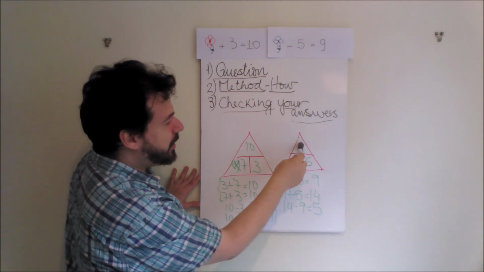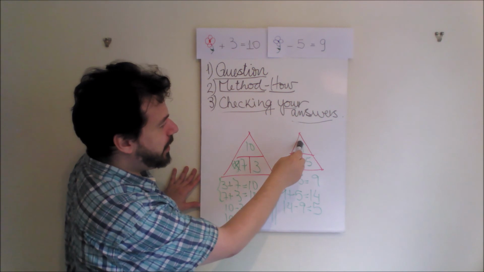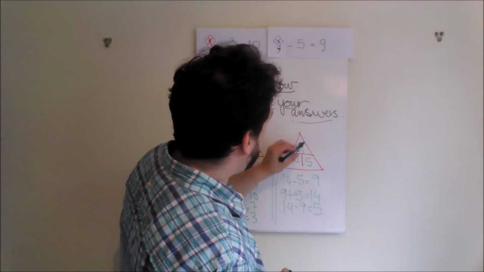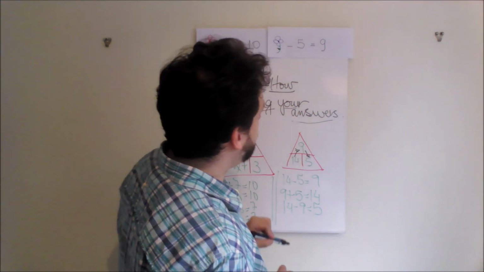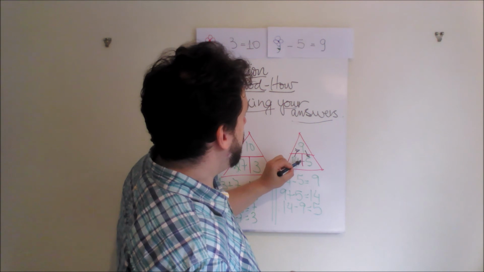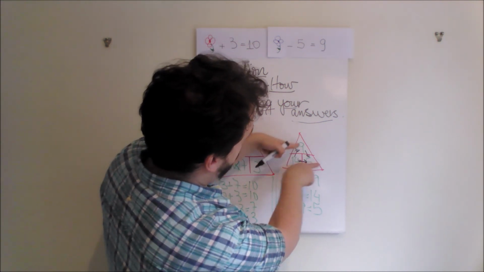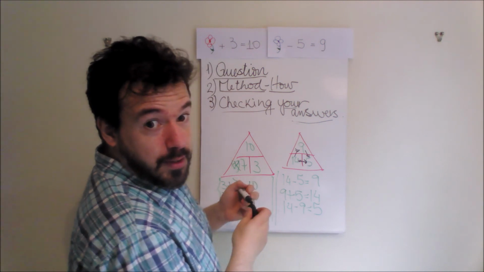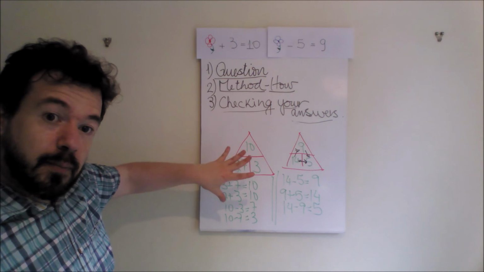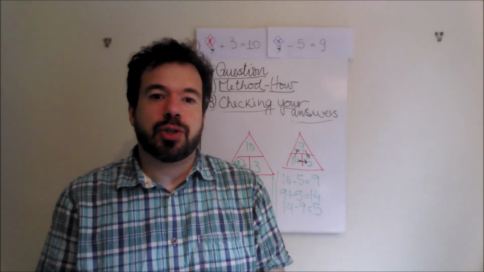But 9 add 14 won't be 5. 14 take away 9. So every time you do this way, is take away. Every time you do this way, is adding. And every time you do this way, getting out of the answer is take away. And the children will realize that. Okay? Simply because you need to balance both sides of the equation.